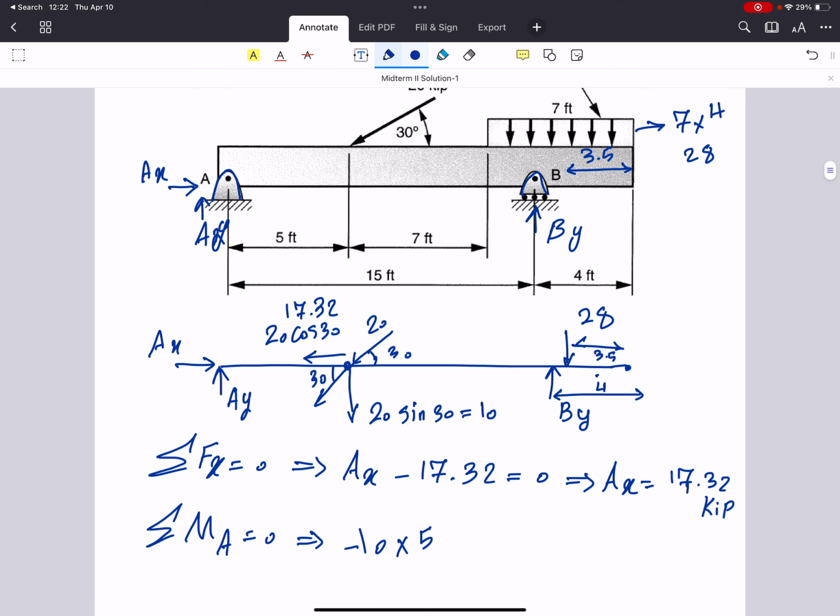Then I have BY going positive times 15, that is the distance. And then I have the 28 force going down.